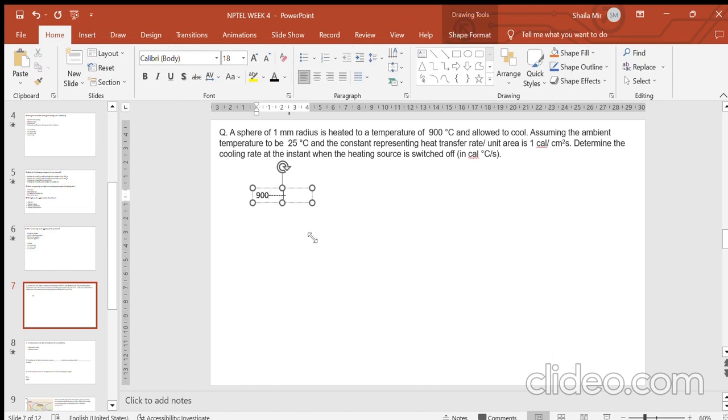We are changing the temperature from 900 to 25, we have the radius as 1 mm, and we have 1 calorie per centimeter square per second. So this is the heat transfer rate.